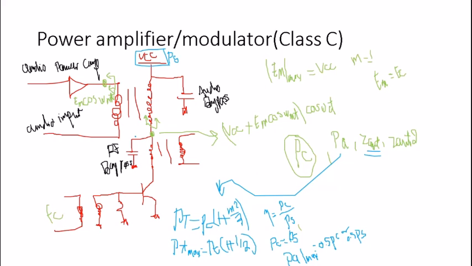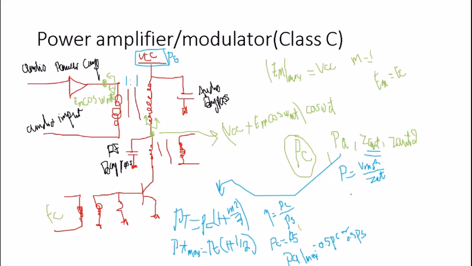We know here from that transformer that the power at the primary coil equals the voltage RMS squared divided by Z output, obviously taking a 1-to-1 ratio for that transformer.